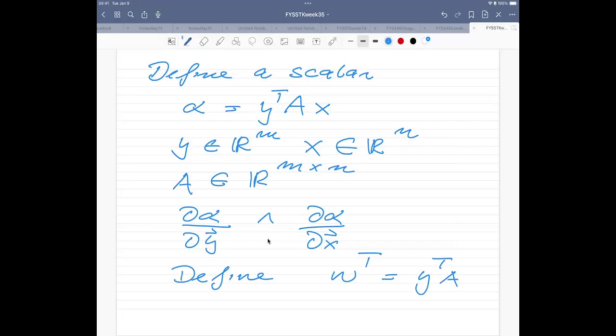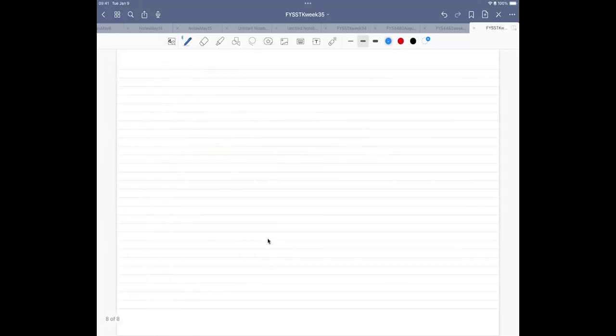Okay, so if we do that, that means that the scalar alpha can be written out like this: transposed vector, vector times a matrix is a vector, times x. And now I'm going to calculate the derivative of that quantity. And I know that if I write this as a vector times another vector, this is the same as a sum over i of w_i times x_i. Okay?